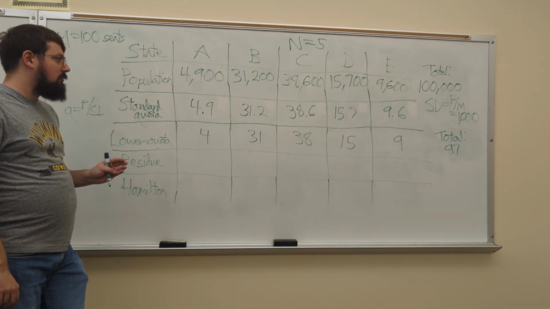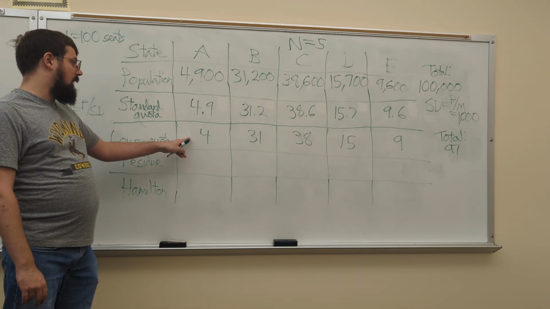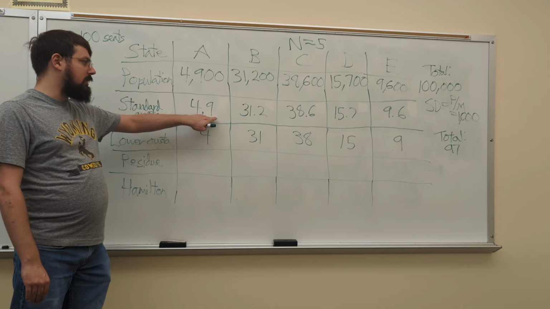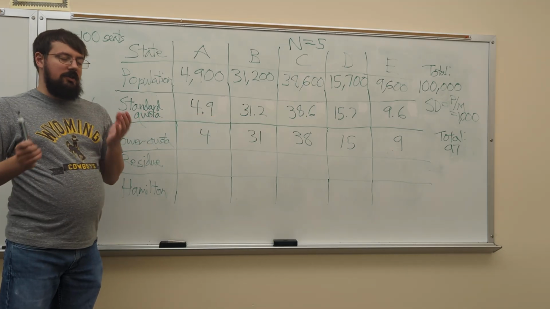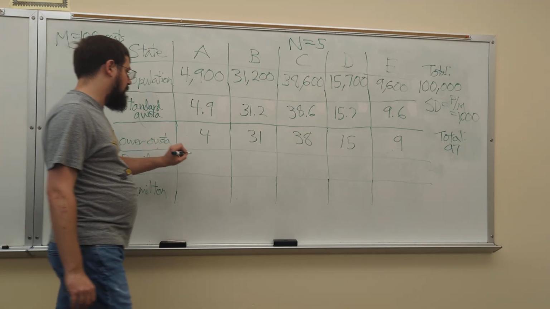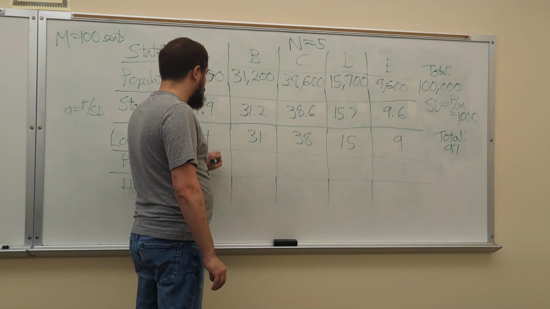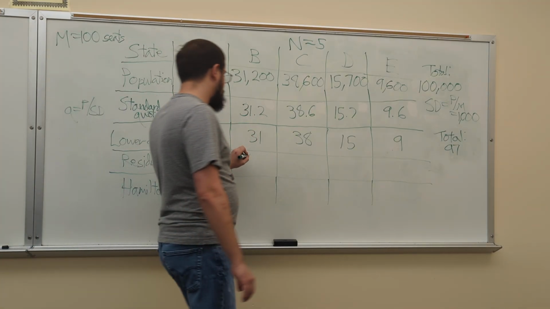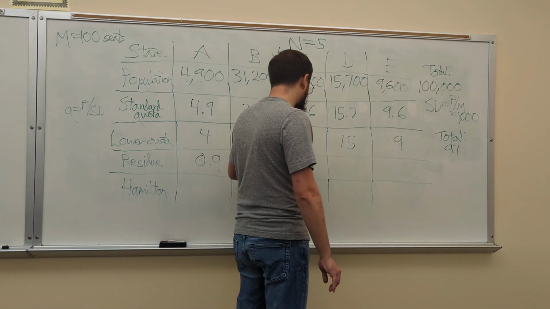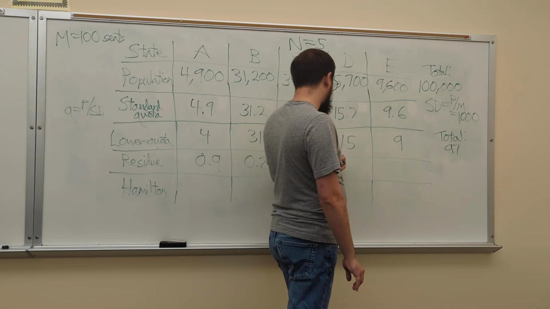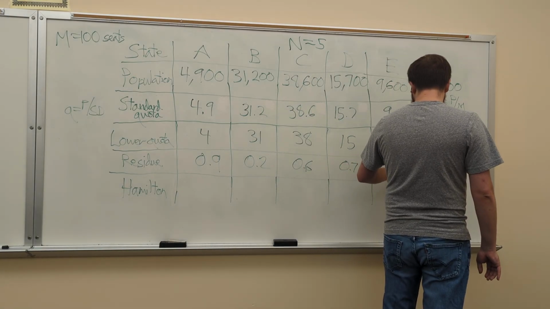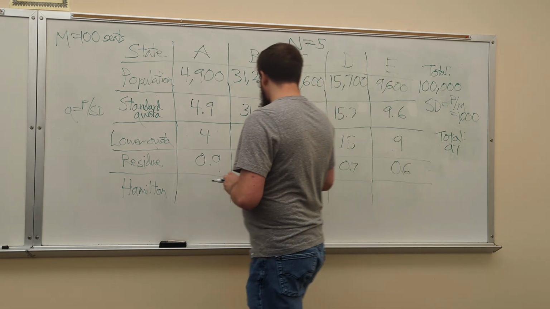The residue is basically just the standard quota minus the lower quota, or you could think of it as just the decimal part of the standard quota. So in this case, for A, that would be 0.9, B, 0.2, C, 0.6, D, 0.7, and E, also 0.6.